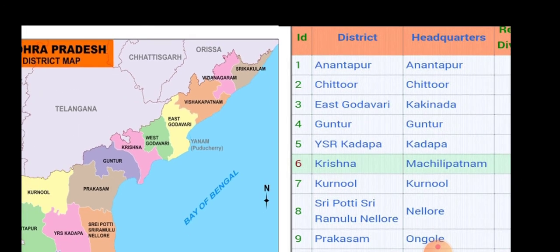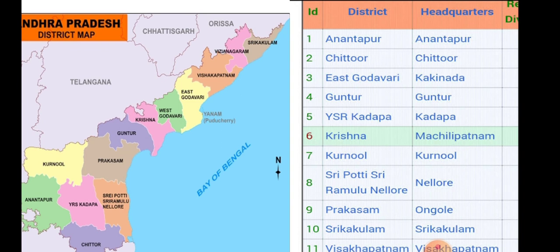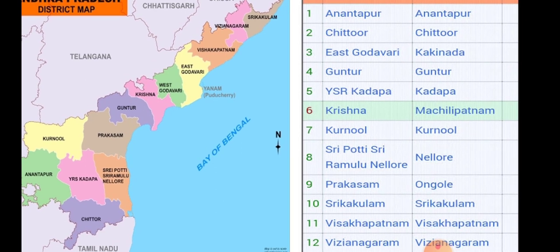Let's see the headquarters also. Anantapur headquarter, Anantapur, it is a city. Chittoor headquarter, Chittoor. East Godavari, Kakinada. Guntur, Guntur. YSR Kadapa, Kadapa. Krishna headquarter, Machilipatnam. Kurnool, Kurnool.